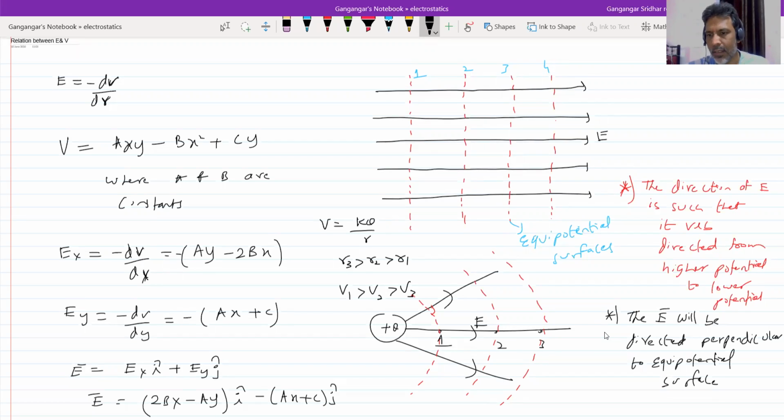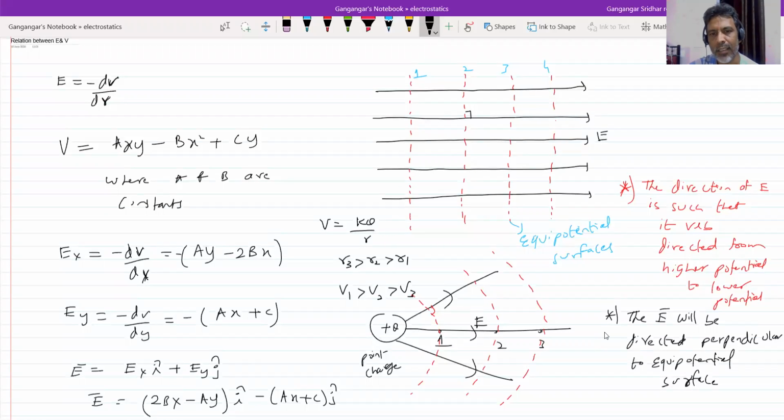Don't call it a plane, because here the equipotential surfaces are planes. For a point charge, what are the equipotential surfaces? They are concentric shells, no? So better to call it the equipotential surface. So that's the one basic condition. Okay, got this?